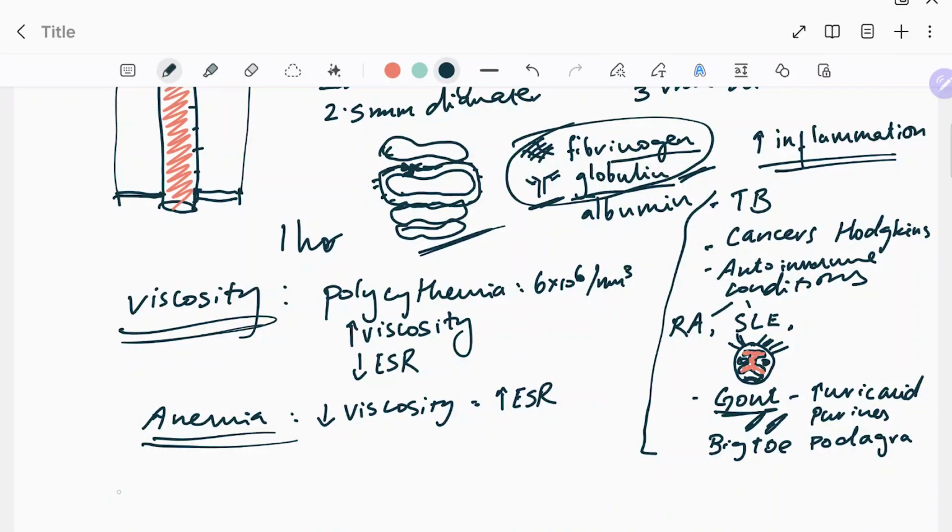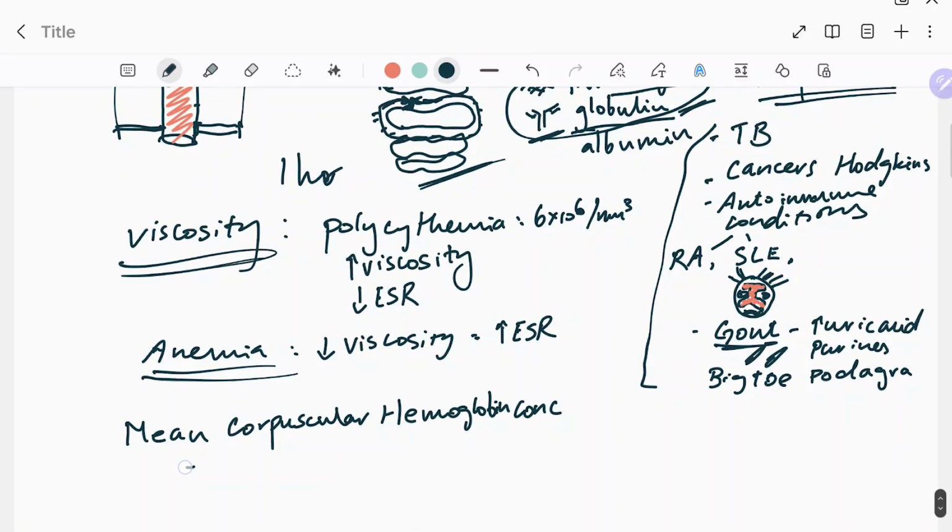This is an RBC index called mean corpuscular hemoglobin concentration.